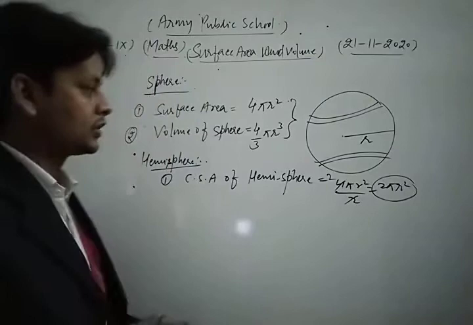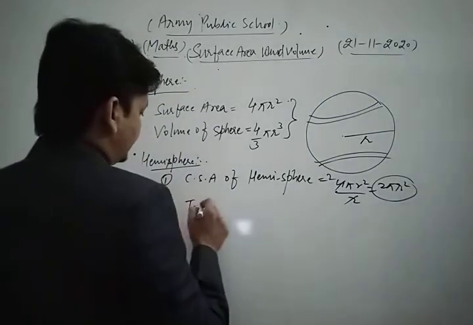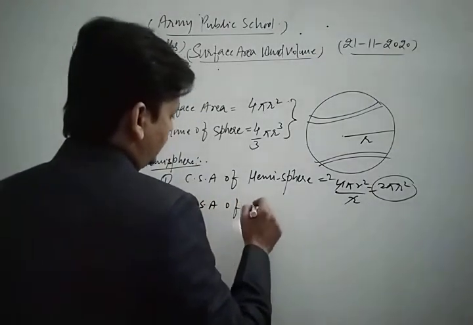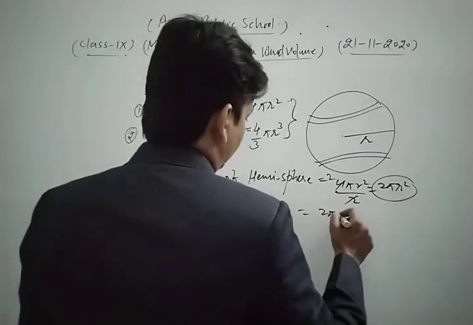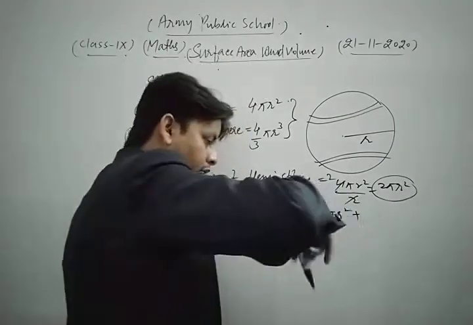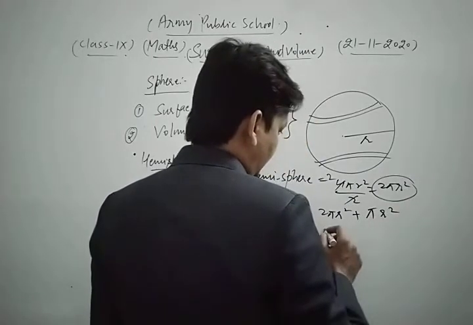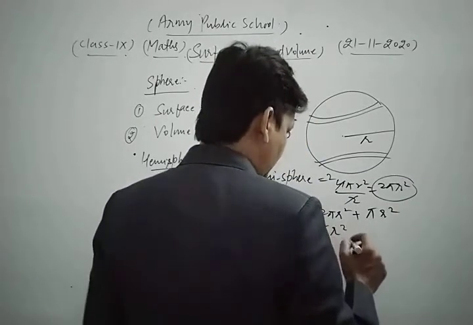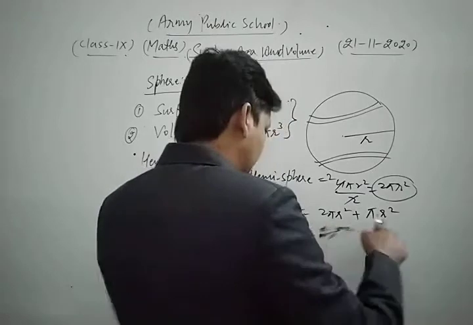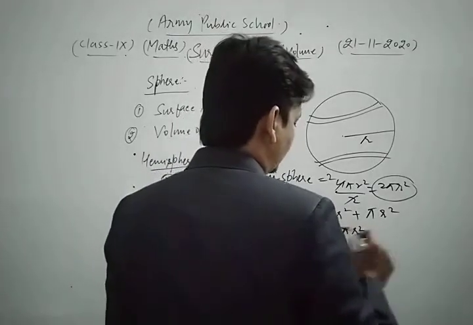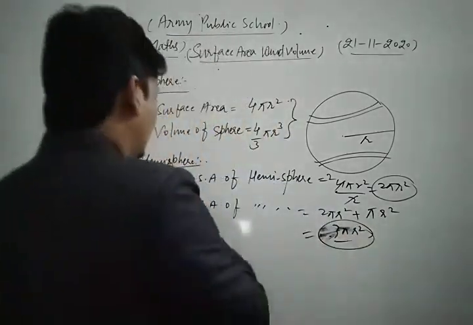So we add pi r square. So total surface area of hemisphere is 2 pi r square plus area of the top. Area of the circle is just pi r square. So we take pi r square as common: 2 pi r square plus pi r square is 3 pi r square. This is the total surface area of the hemisphere.